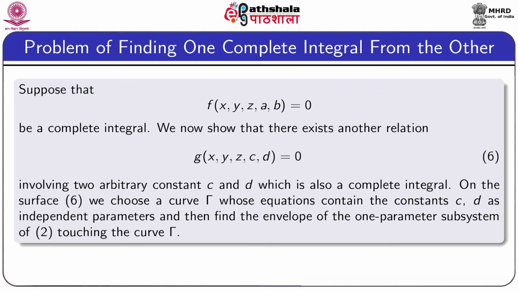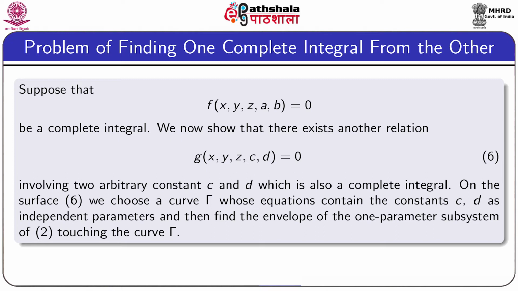Now, I want to discuss how to find one complete integral from the other. Suppose we have a complete integral f(x, y, z, a, b) equals 0, and we now show that there exists another relation g(x, y, z, c, d) equals 0, which is also a complete integral of the given equation.